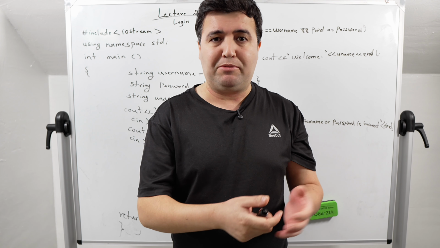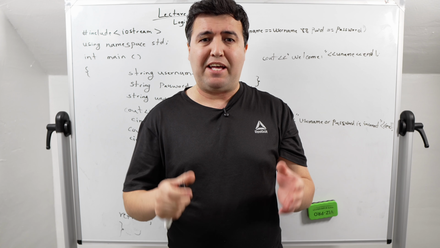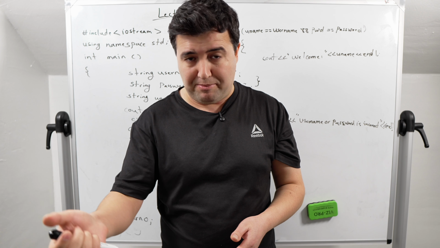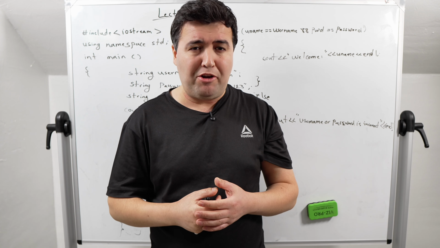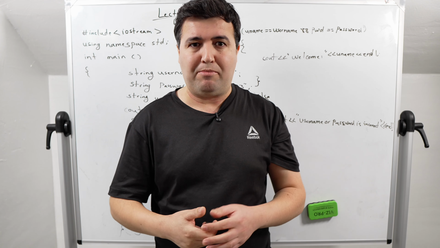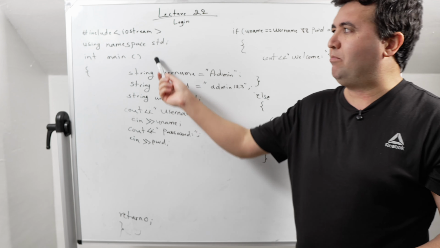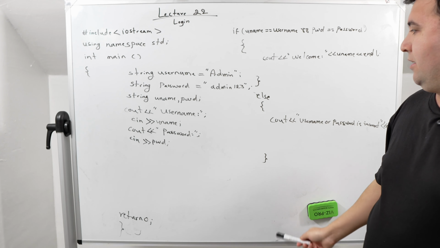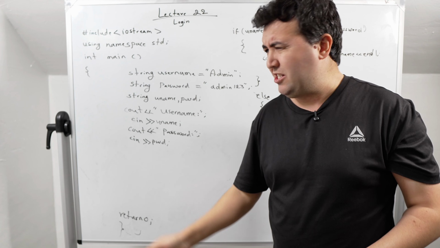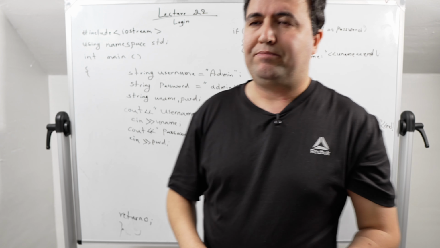You log into Facebook, you log into your Gmail, you log into any system, even your computer, and it will ask you for the username and password. And the logic behind those systems is this program. This is the logic which works behind the Facebook login, the Gmail login, the other system logins. So it is a simple form of a login system.